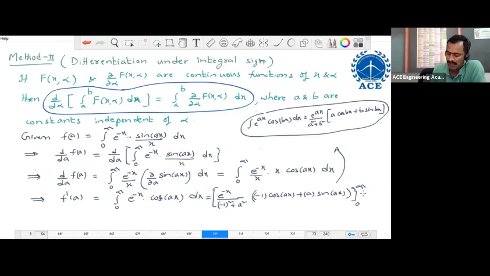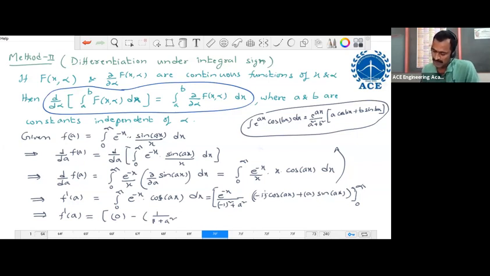Now we substitute upper limit and lower limit, which implies f dash of a equals, for the upper limit, e power minus infinity is 0. 0 into something is 0. So for the upper limit, 0. Minus lower limit: e power 0 is 1, so 1 by 1 plus a square, sine 0 is 0, cos 0 is 1.